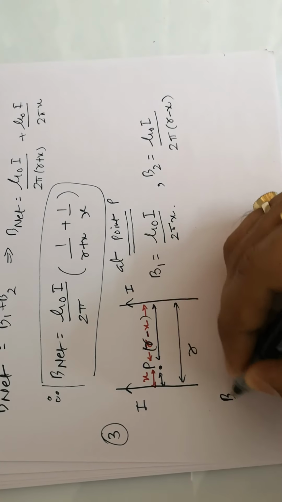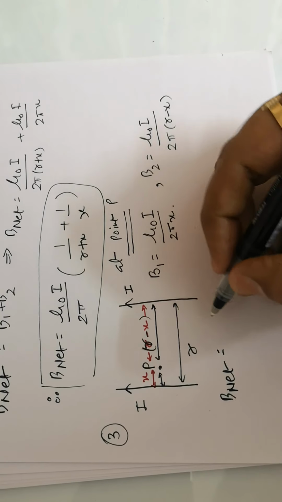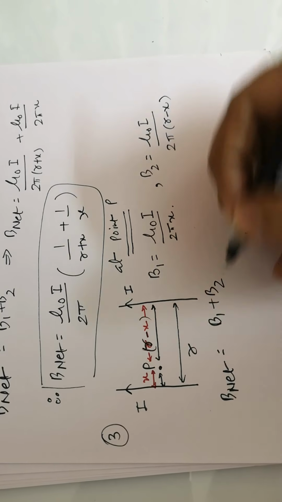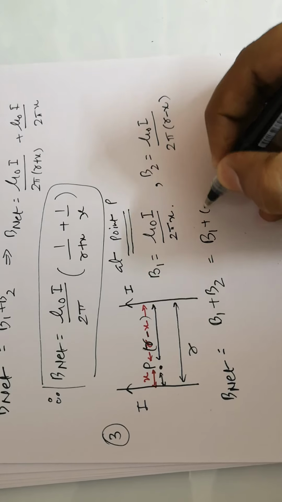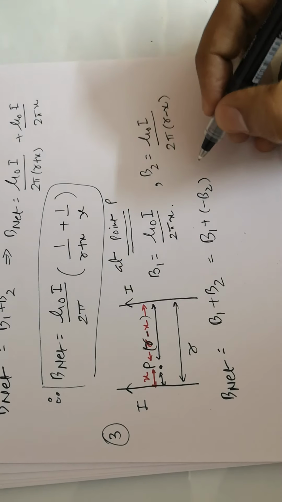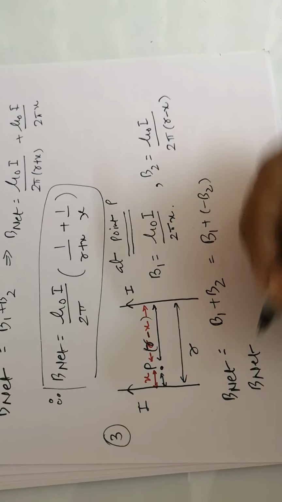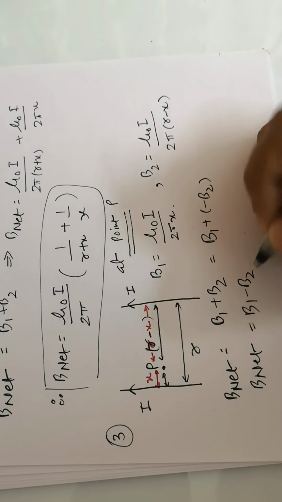So my formula of B of net would be B1 plus B2, but actually that is a negative sign. So I can have B of net equal to B1 minus B2.